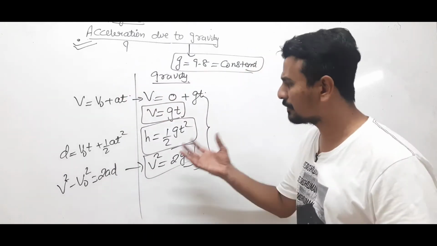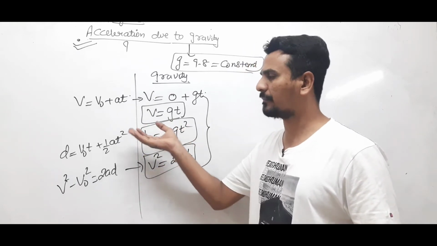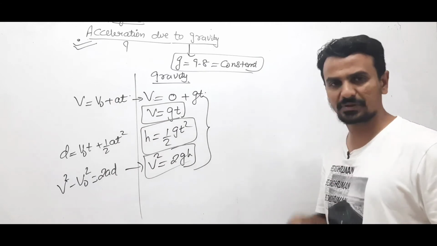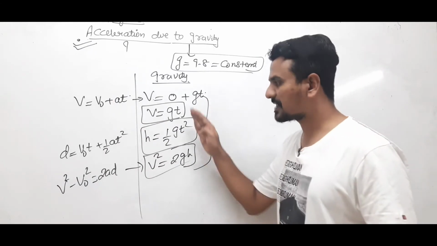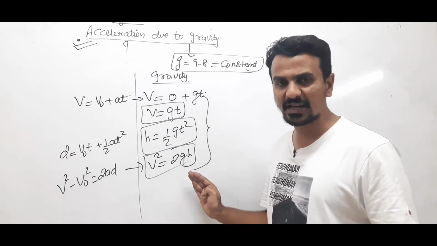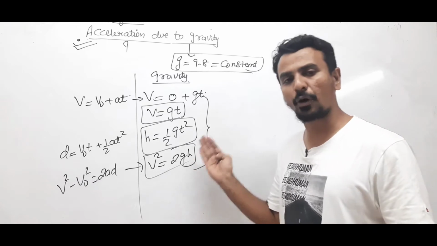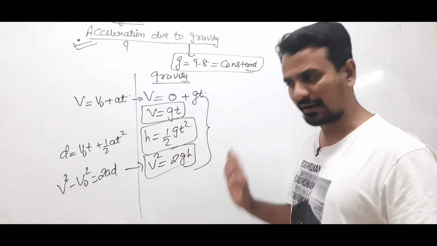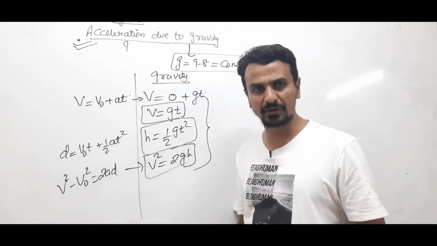Of course, we have derived this equation from this; we just have made minor changes in order to obtain this equation. Clear? These equations are for a body performing free fall, or performing motion under the influence of gravity. Gravity means constant acceleration. For that we will use these equations.